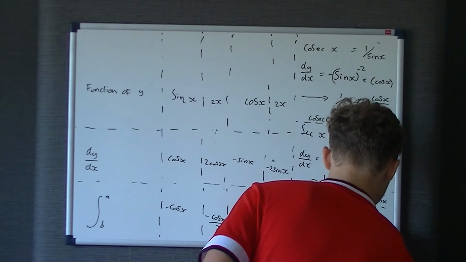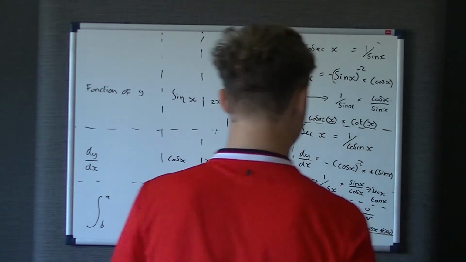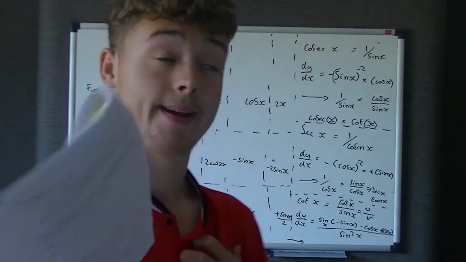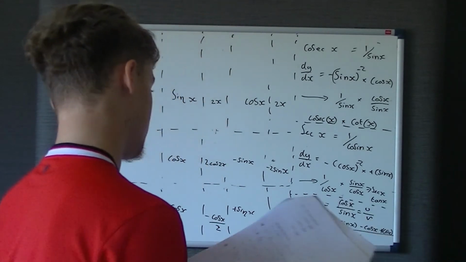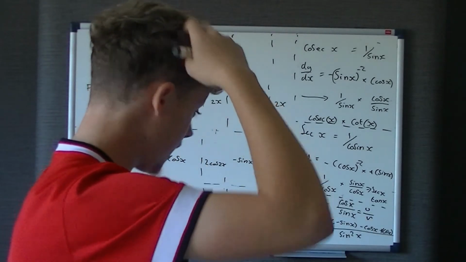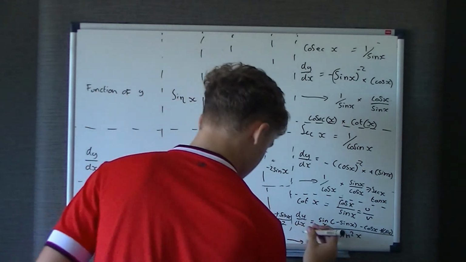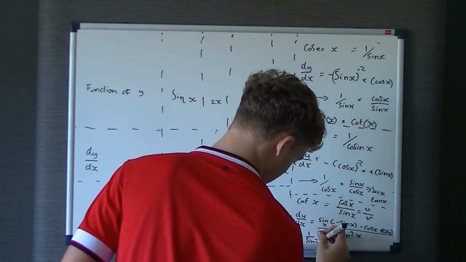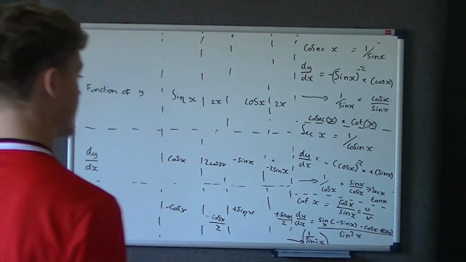And then this all cancels out, because sine squared x plus cos squared x, which is a trigonometric identity, equals 1. You should know that from C2. And obviously it's taken away instead of adding, so it's minus 1 over sine squared x. So hopefully that makes some sort of sense.